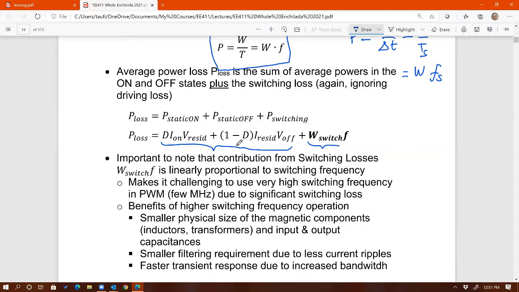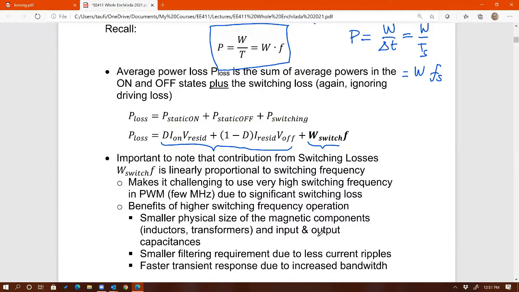For the static, you can see that since I have D times I on times V residual plus 1 minus D times I residual times V off, I actually skipped one step here, sorry. The original equation has T, I forgot, sorry.